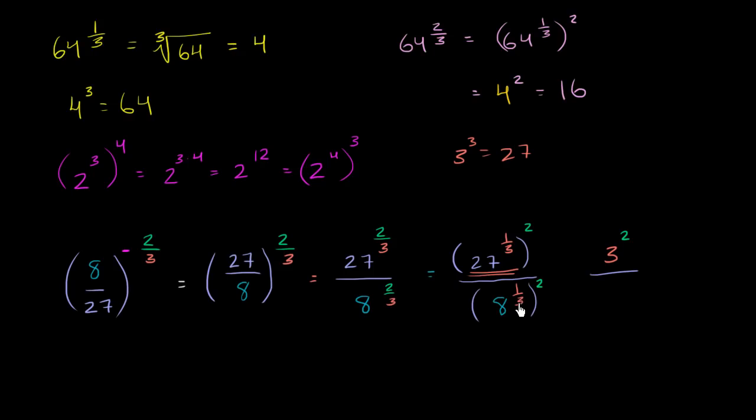Well, 2 times 2 times 2 is 8, so 8 to the 1/3 is 2. And then we're going to square that. So this simplifies to 3 squared over 2 squared, which is just going to be equal to 9 over 4. So if you just break it down step by step, it actually is not too daunting.